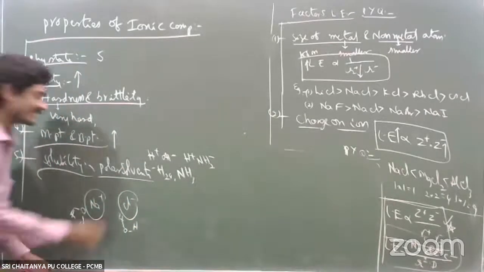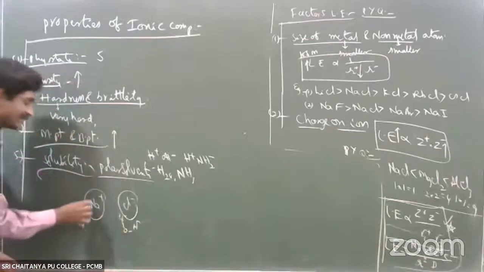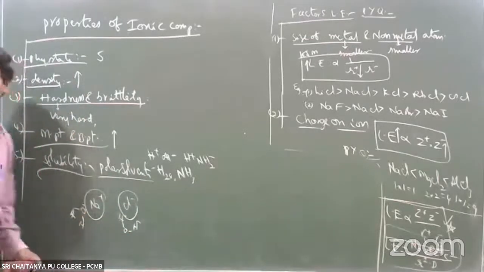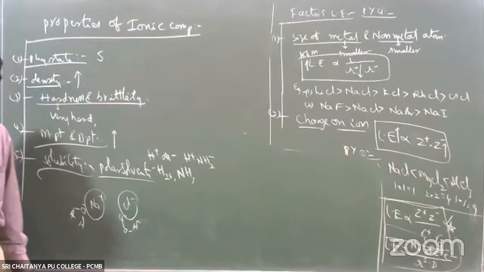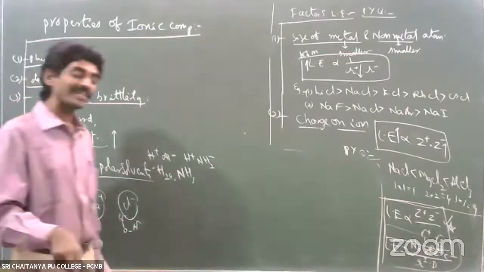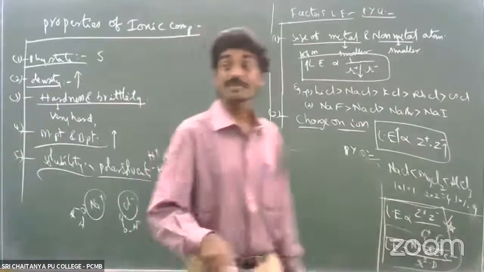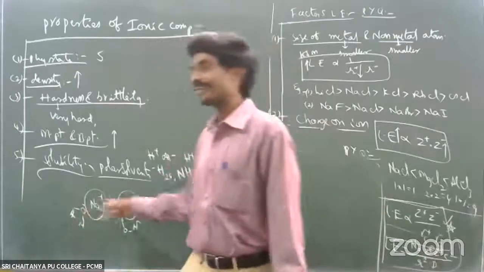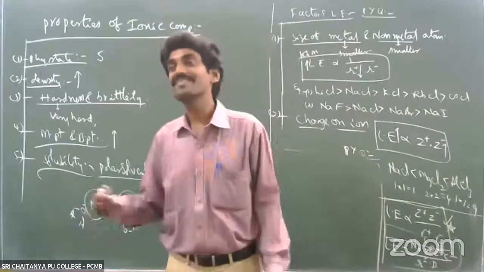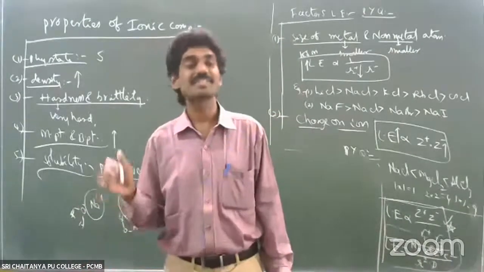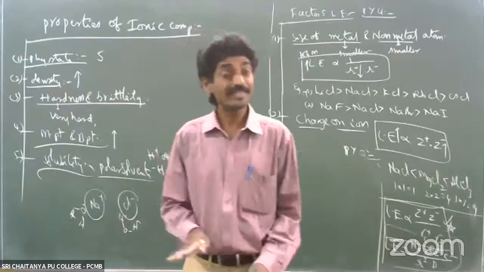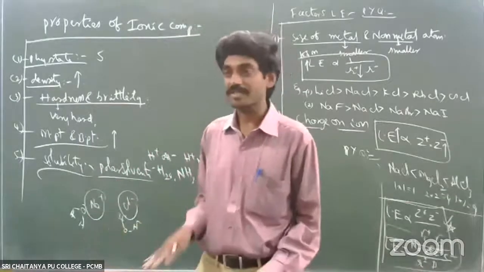Why? Because it is negative, it is positive; it is positive, it is negative. Got it? This accumulation of water molecules around the cation and anion of an ionic solid is called dissolving. Solubility is nothing but the accumulation of a particular solvent.